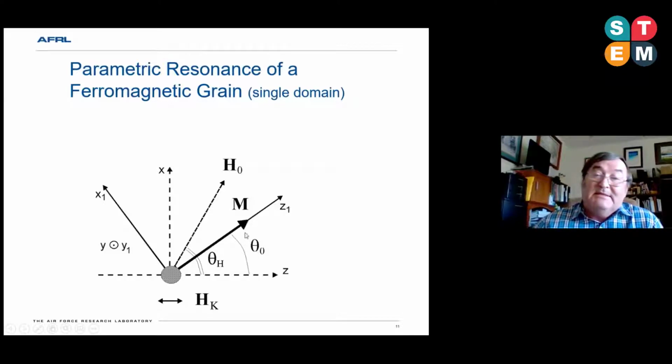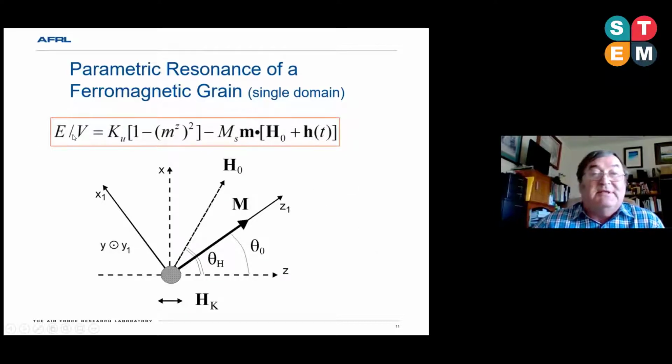It has some direction of magnetization and an external field H naught. In this system of coordinates, the energy of this single-domain grain consists of uniaxial anisotropy and Zeeman energy, plus we apply an external field.